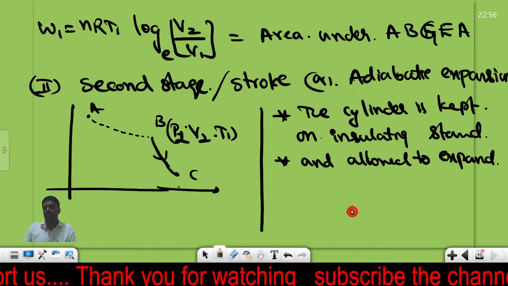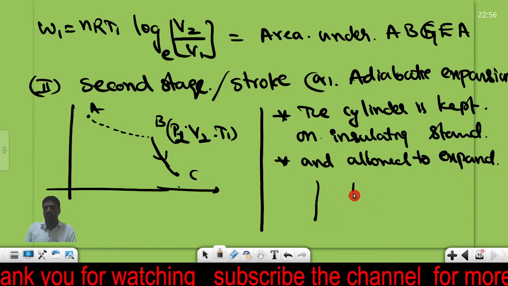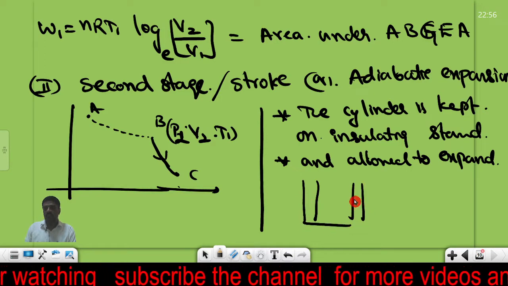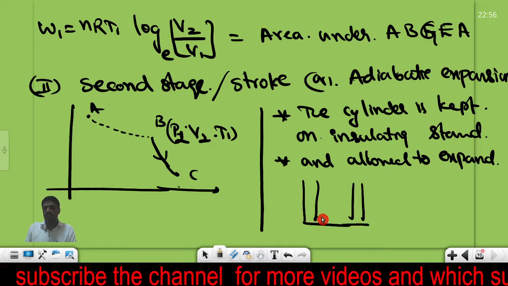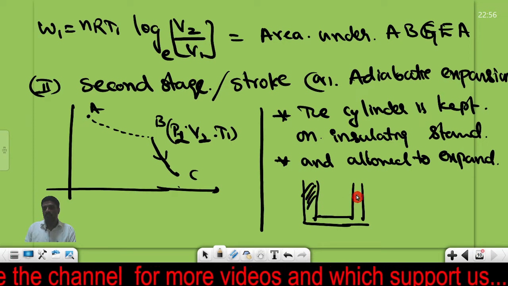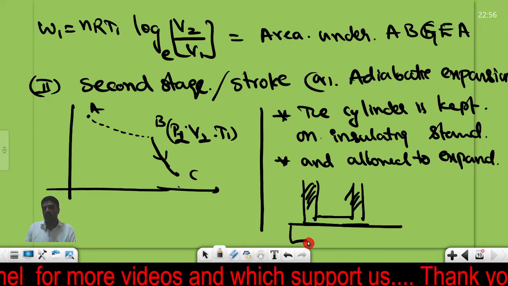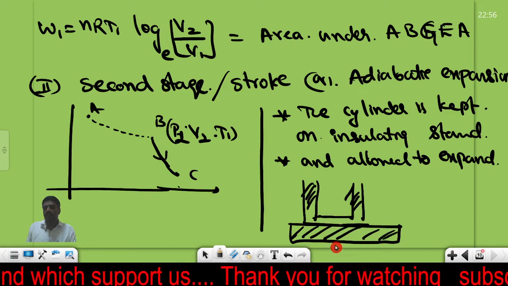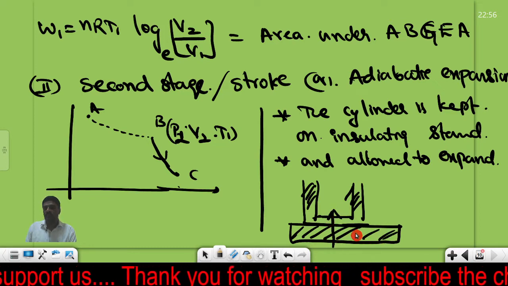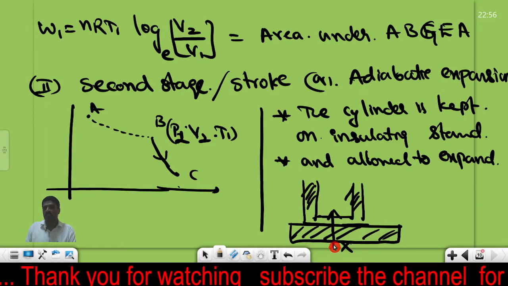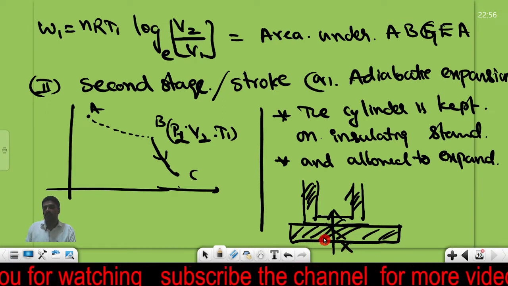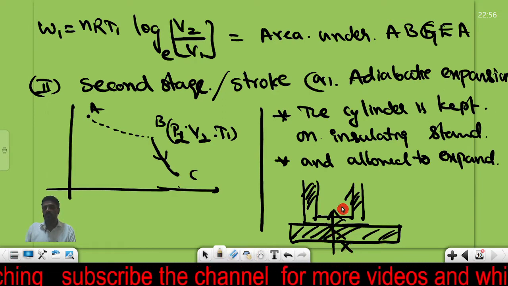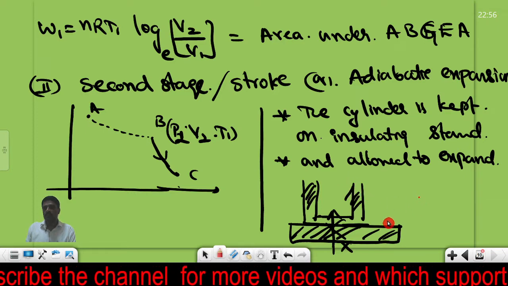The cylinder which has the working substance, we keep it on the insulating stand. Then the bottom surface also has no provision to exchange heat energy between the system and surrounding.